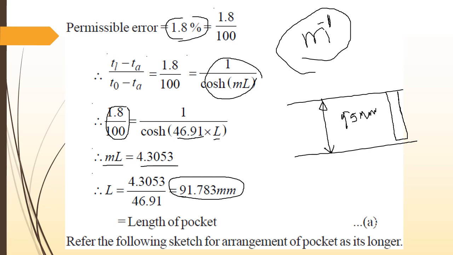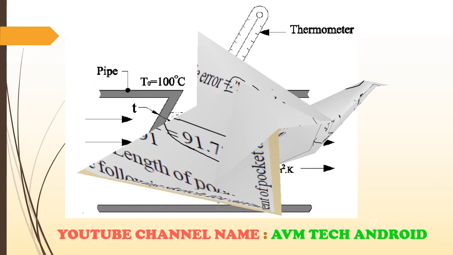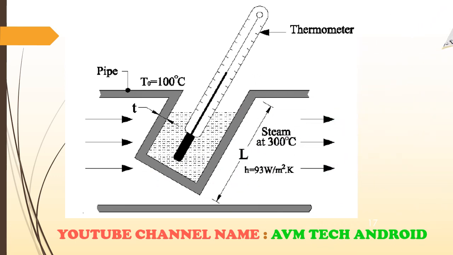No, it is giving a very high resistance to the flowing fluid, and here the throttling will be observed. So to avoid that and to measure the temperature correctly, what we have to do is we have to put the thermometer pocket inclined.